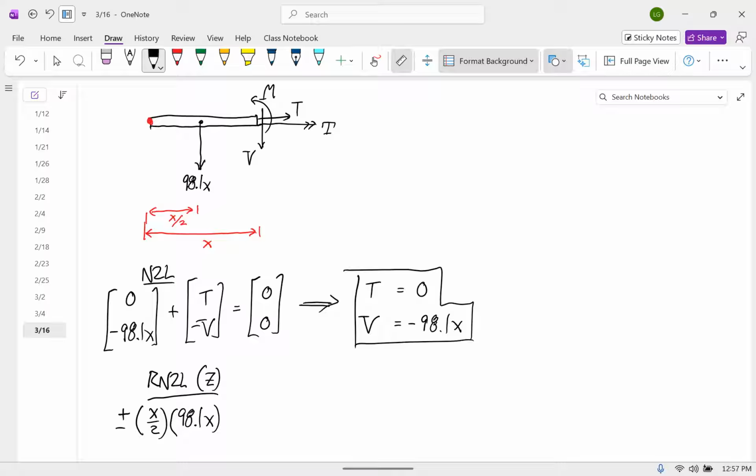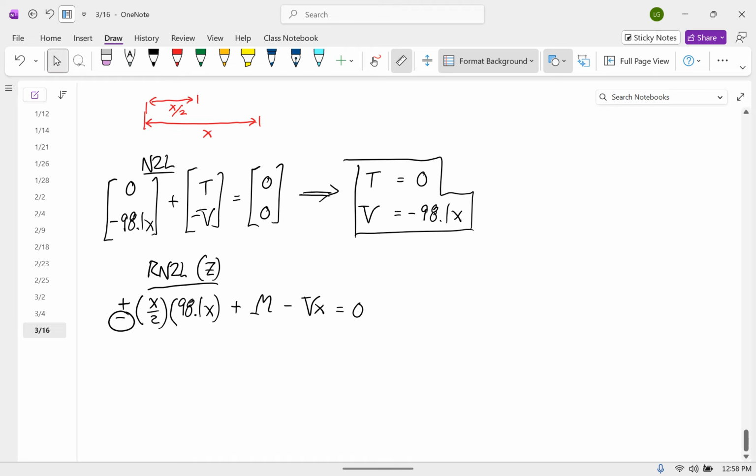It has to be rotating about the red dot, so that would make it rotate clockwise. So this is negative. And then we have our plus m minus vx is equal to 0. So m is equal to v times x plus 98.1 over 2 is 49.05. And we have x times x.